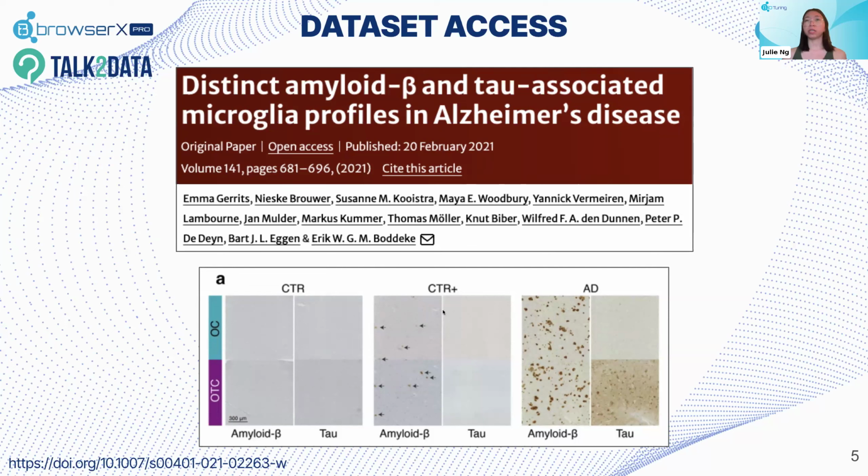As we progress through the disease, CTR plus is still considered a healthy control, but there is some accumulation of amyloid beta plaques, with no presence of tau tangles yet. Then someone who's actually diagnosed with Alzheimer's has a huge accumulation of those plaques and also the presence of tau tangles. Today's analysis compares these three experimental groups to try to characterize those microglia subtypes.